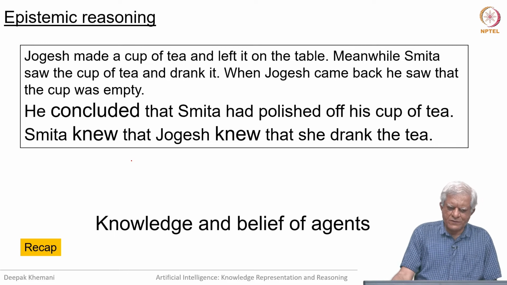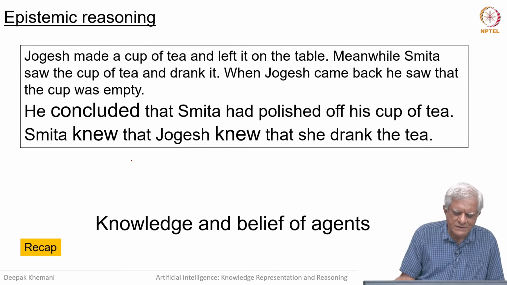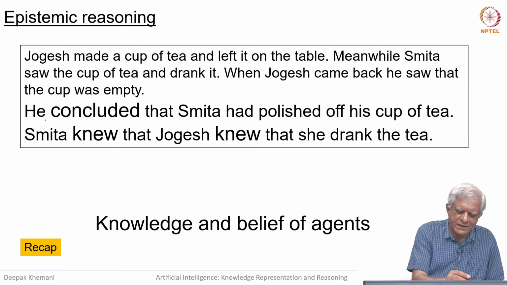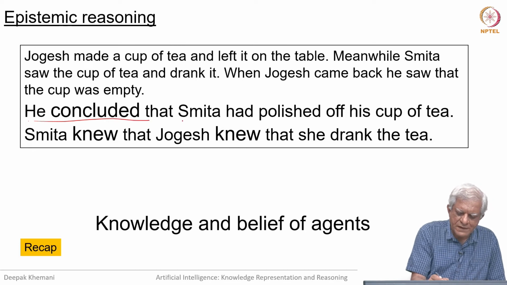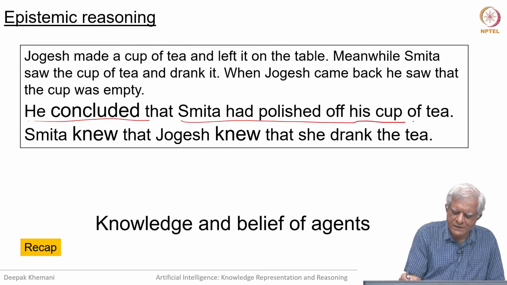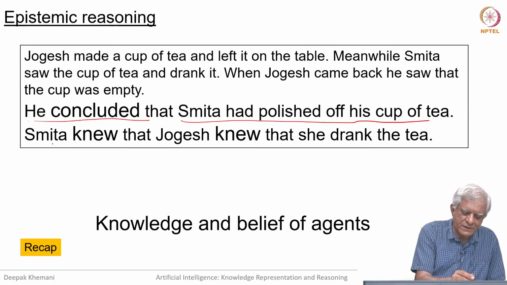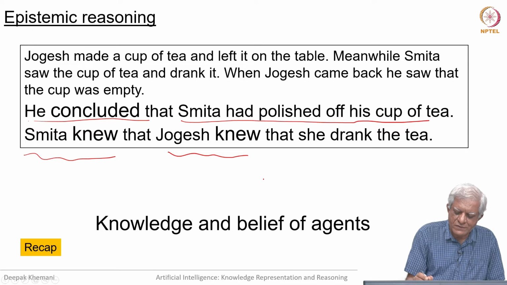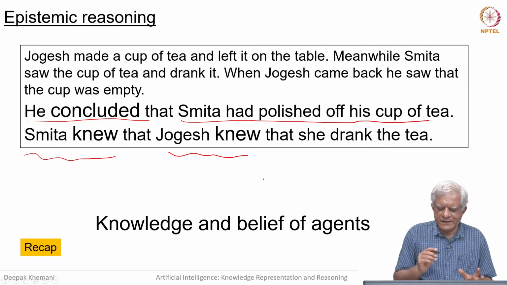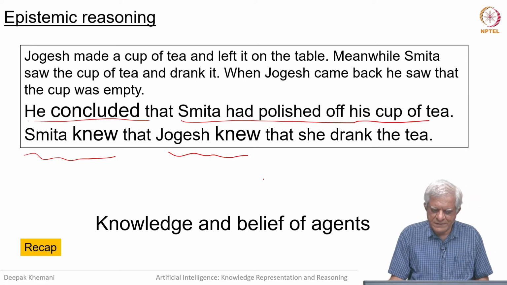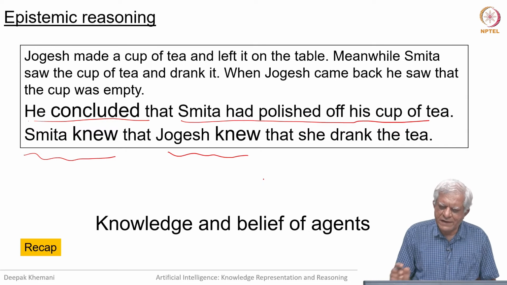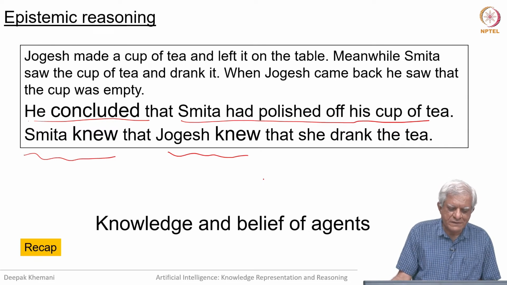After this, we will move to epistemic reasoning or epistemic logic, and then we will see that he concluded that Smita had polished off his cup of tea, and more importantly, Smita knew that Yogesh knew that she drank the tea. This kind of thing is captured in epistemic reasoning, and we will have a quick look at that after we are done with event calculus.